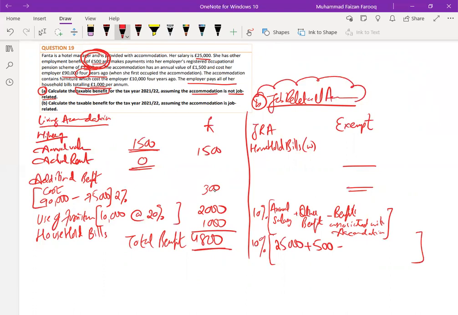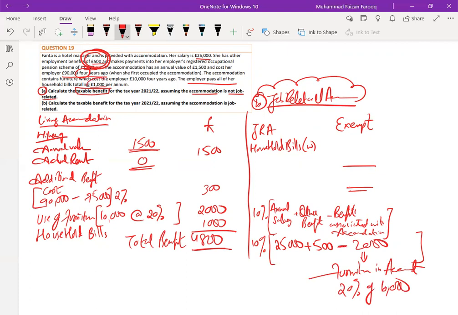In this question, do you have any benefit related to this accommodation? It is only furniture in the accommodation, which we already calculated as 20% of 10,000, which was 2,000, right or wrong? Benefit associated with accommodation means furniture or assets with accommodation, and the use of asset formula is 20%. So this is going to be deducted.